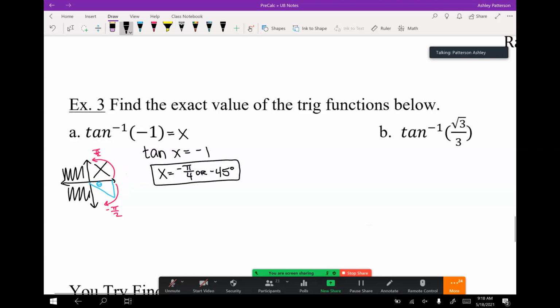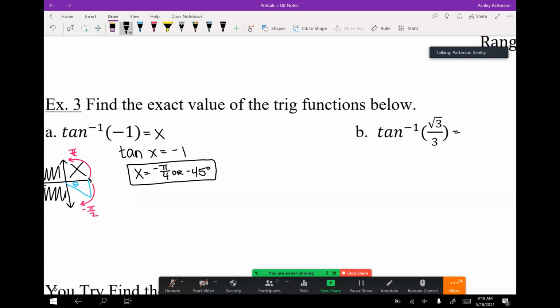All right, inverse tangent of positive rad 3 over 3. So what angle measure, if I take tangent of that angle measure, is going to give us a positive rad 3 over 3? Well, I know that I can't look in the second and third quadrant. That's not within the restrictions. And the ratio is positive, so I'm not going to look in the fourth quadrant.